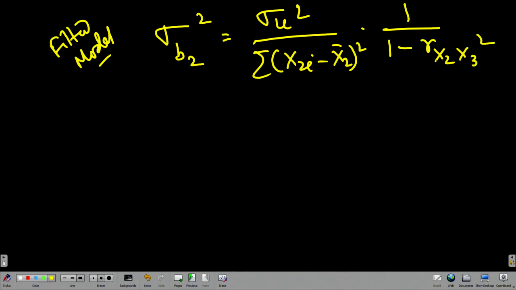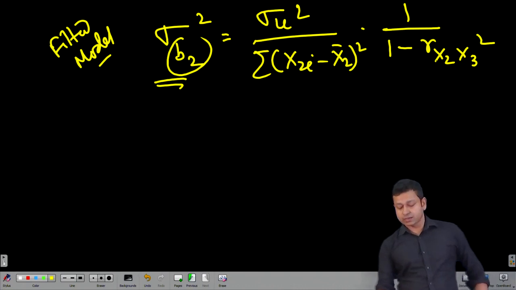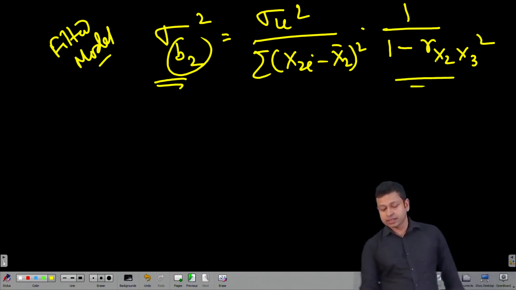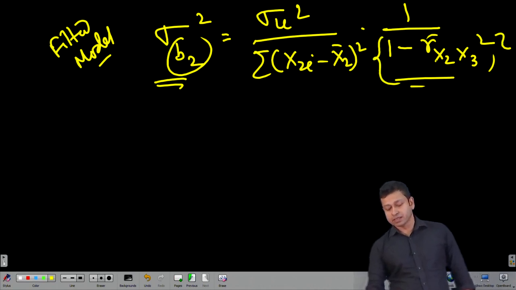So, in my fitted model, the standard error for the beta 2 estimator is going to be this. Now, this term is less than 1 and this whole denominator is going to be less than 1.